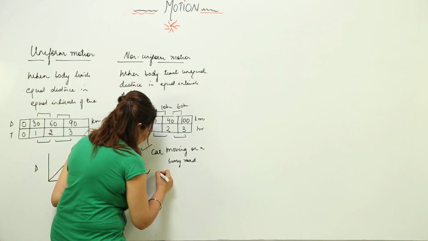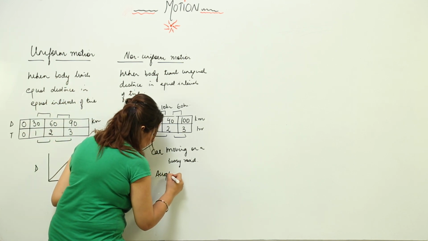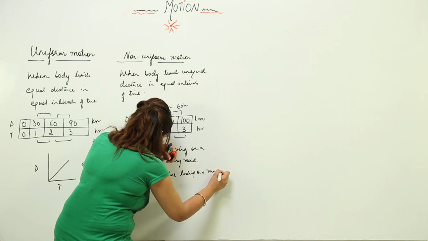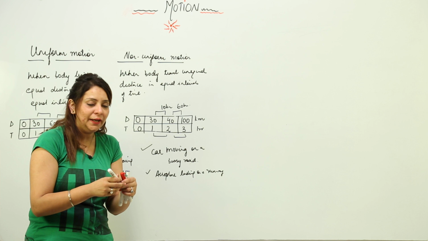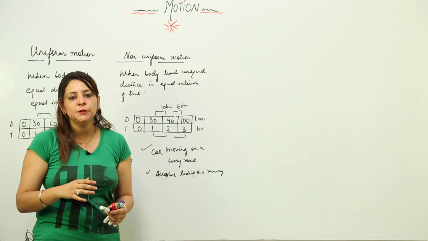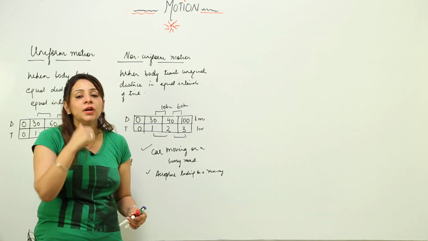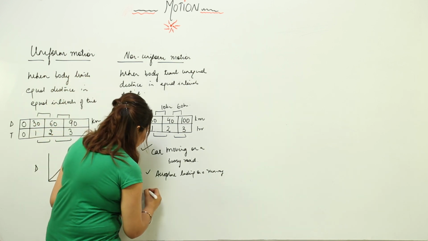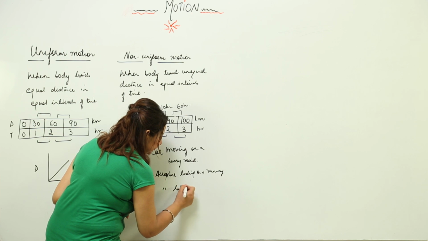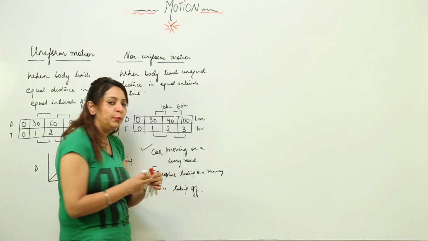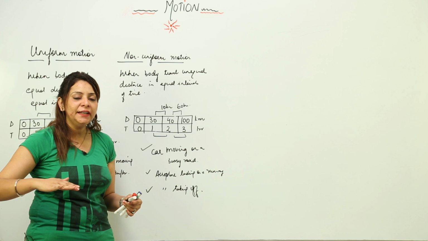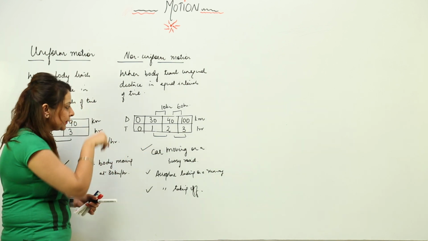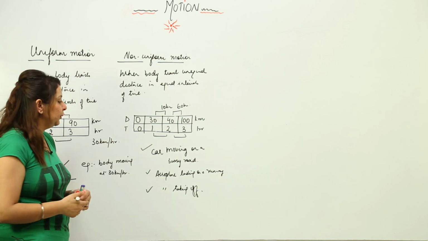Likewise, an aeroplane landing on a runway: when the aeroplane is in the air, it has very high speed, but when it touches the ground, the speed gets lower, and finally it stops. In the same way, an aeroplane taking off starts with a lower speed, then it goes on increasing to a large extent. So these are all examples of non-uniform motion.